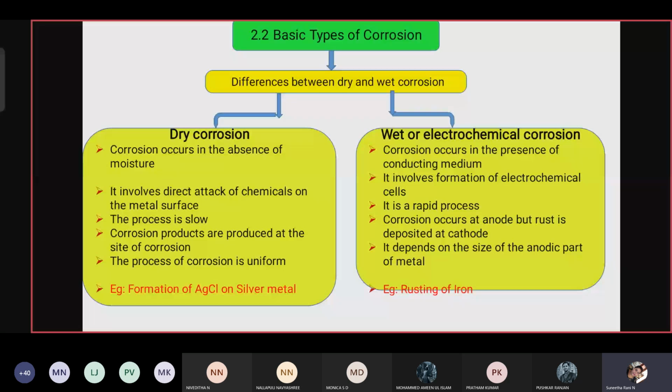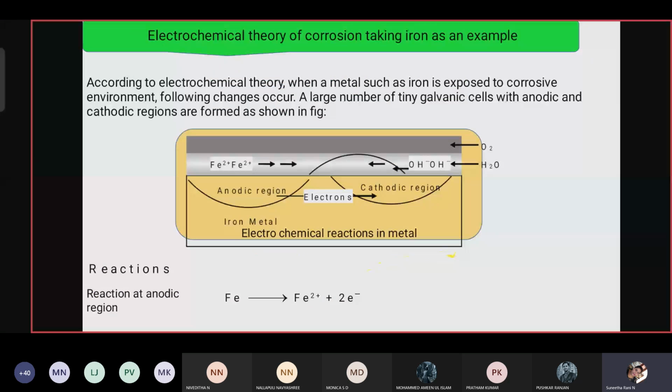It is a tiny piece of iron metal, a rod of iron, which contains an exposed area. This exposed area acts as an anode, and the other half, which is unexposed, acts as a cathode.